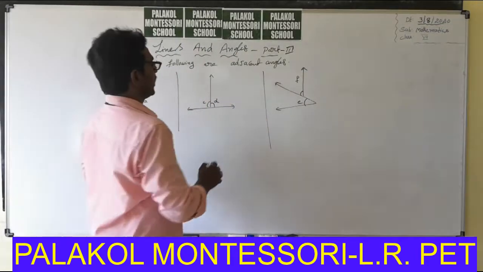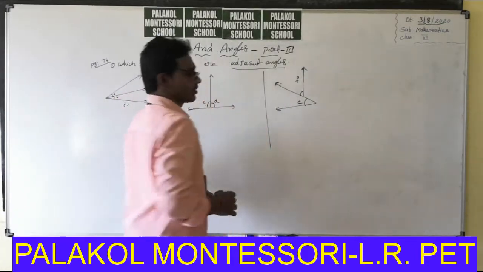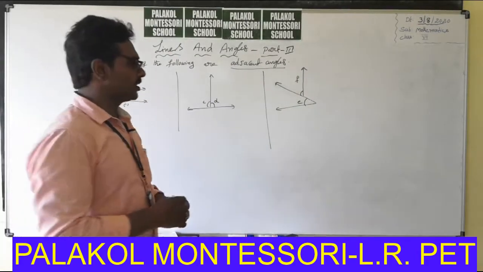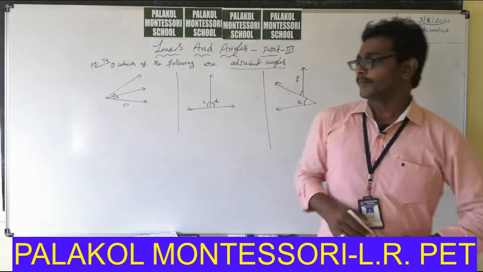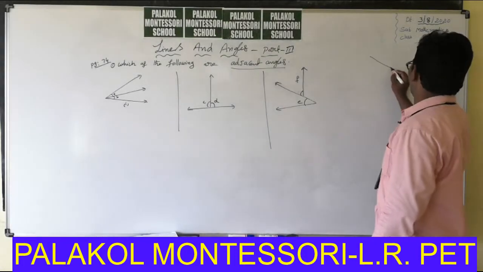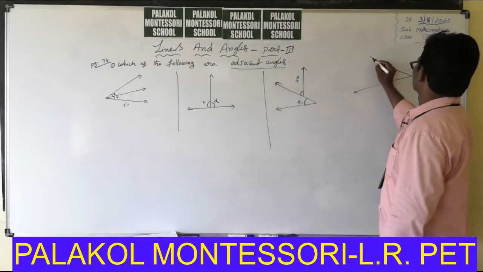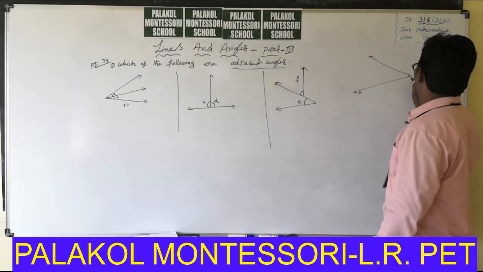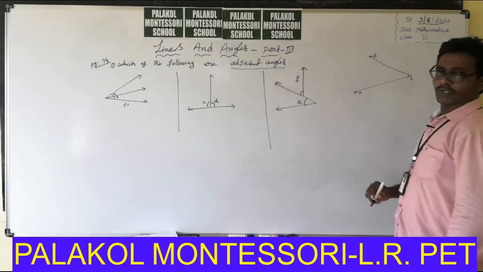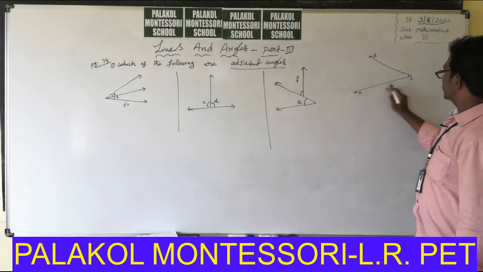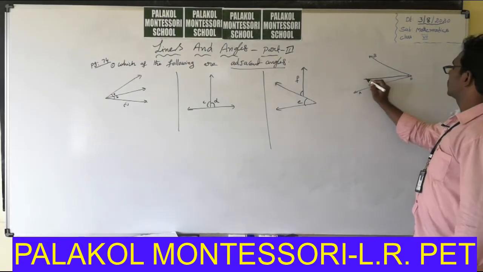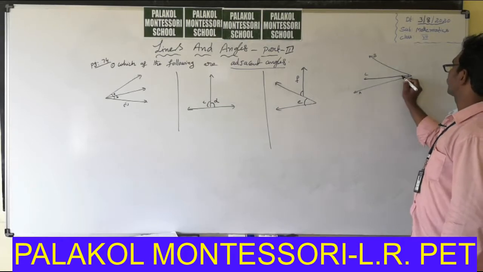Guys, I have already completed adjacent angles in the first part. Remember that. See, I draw that diagram: A, O, B, and this is the initial ray OC.